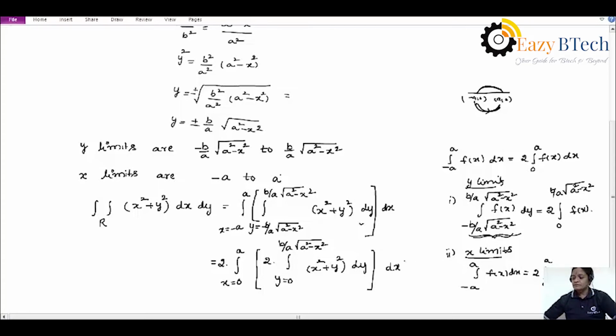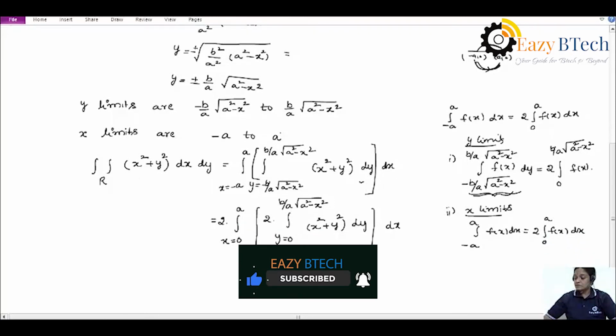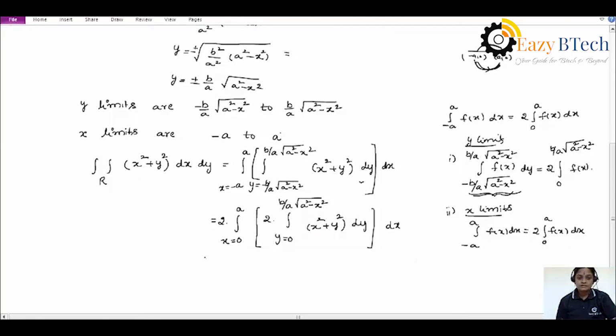Okay. So we applied the integral formula for both terms, that means for dy and at the same time dx also. Now multiplying these two constants, 2 into 2 is 4, integral x is equal to 0 to a.